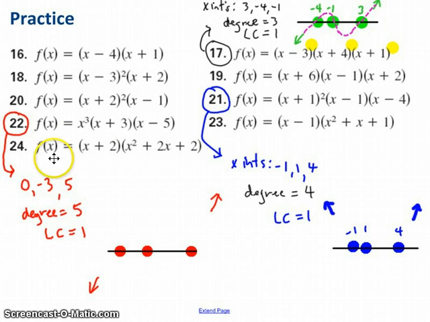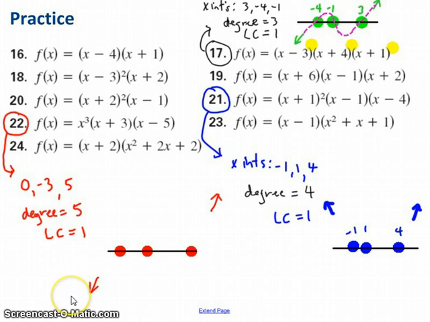So I'll walk you through another one here, number 22, because I know this is not a simple idea. Again, for number 22, we've said that the lead coefficient's 1, the degree is 5, and the intercepts are 0, -3, and 5. You helped me identify these pieces of information.